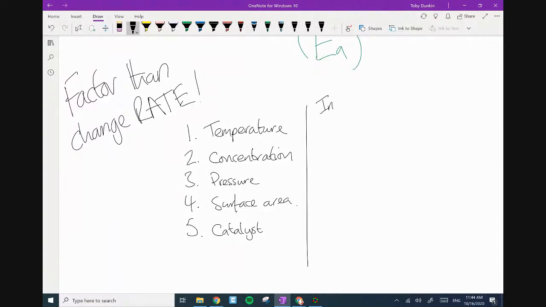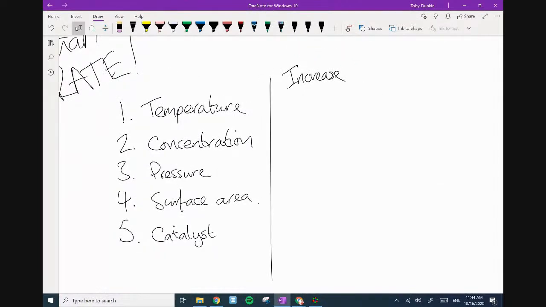Right, so temperature. Let's increase all of these. Increase temperature. What happens to the change in rate?